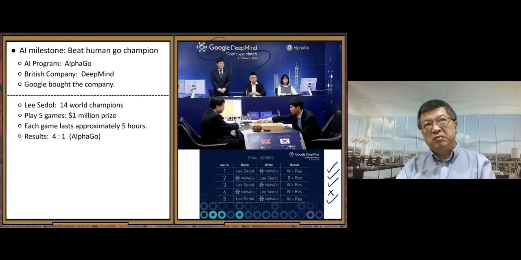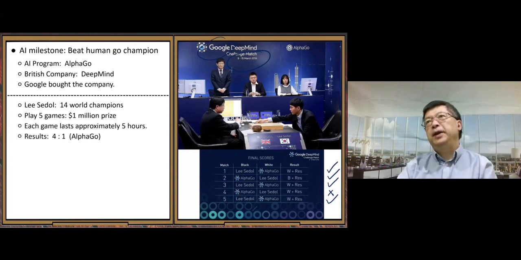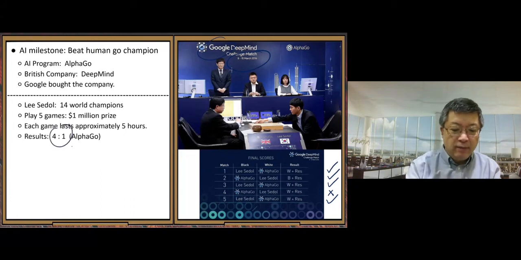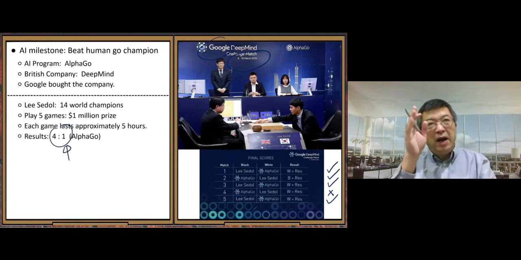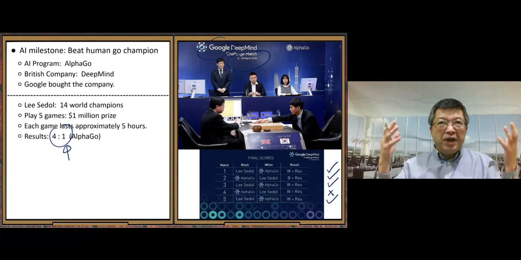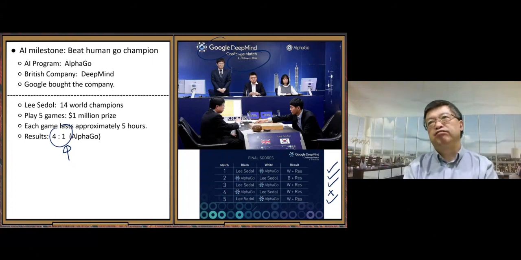I watched those games to try to understand the power of AI. And although the result was 4-1, the game won by Lee Sedol was not convincing. Actually, AlphaGo basically just gave it away to Lee Sedol.